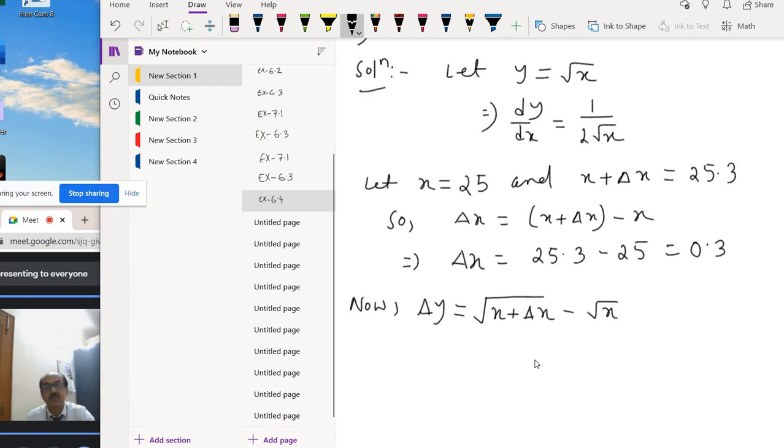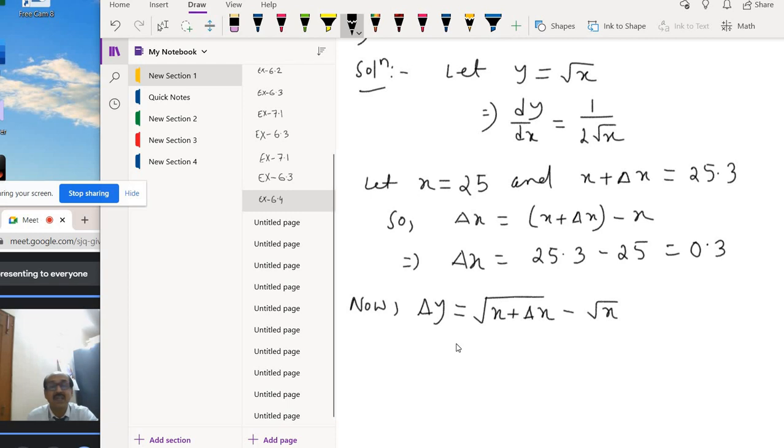Because we know f(x) equal to root x and f(x plus delta x) equal to under root x plus delta x, and f(x plus delta x) minus f(x) is delta y. So delta y equal to under root x plus delta x minus root x.